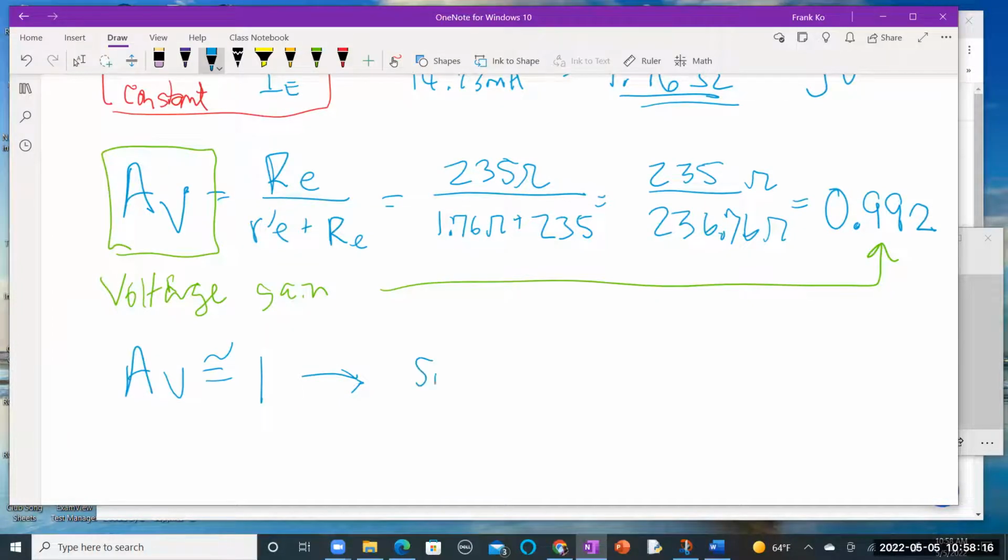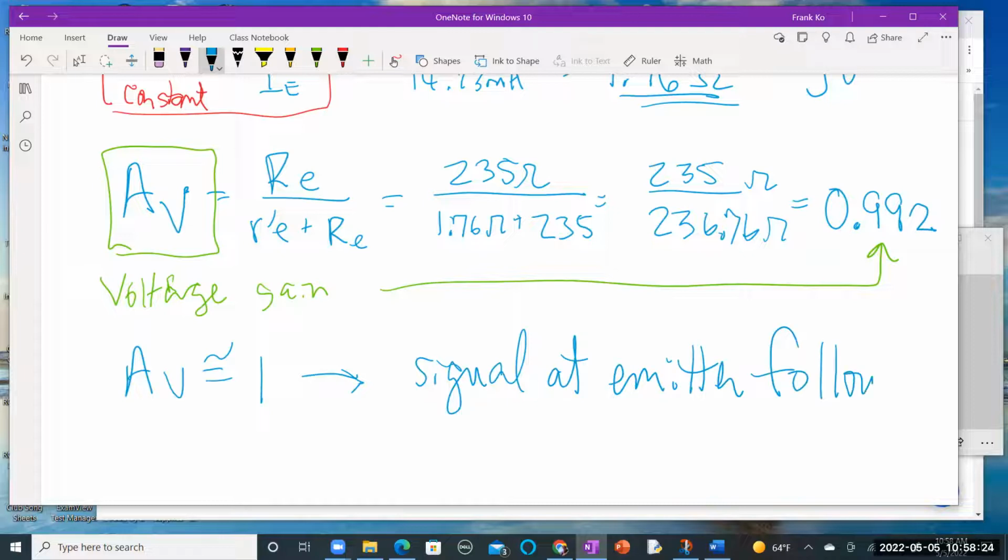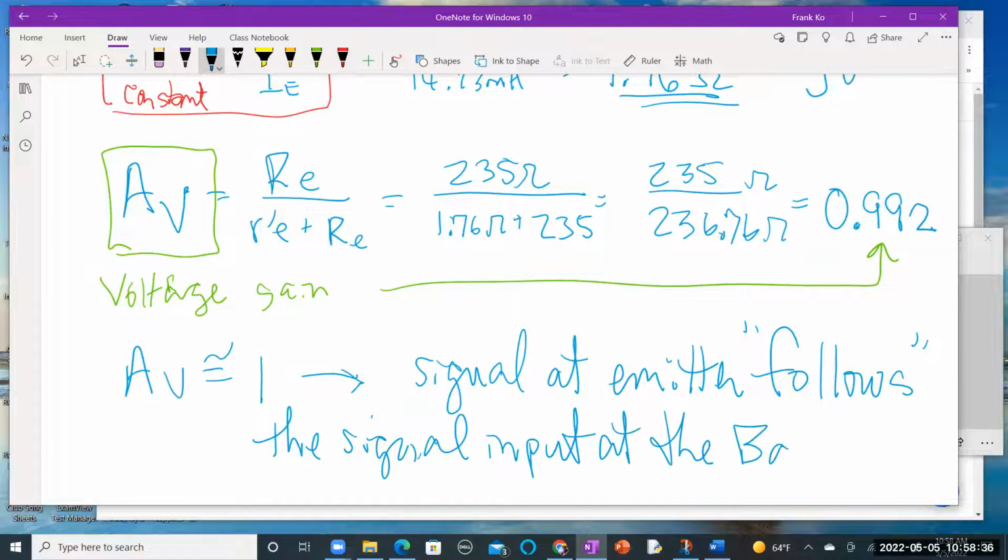That's why we have the signal at the emitter follows the signal input at the base.